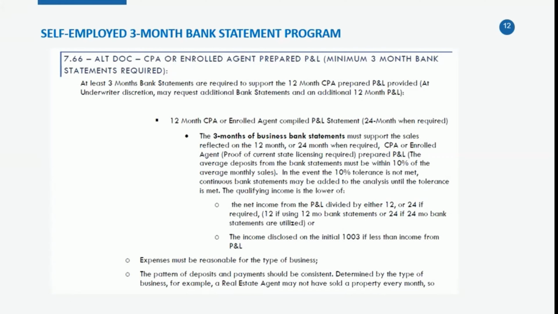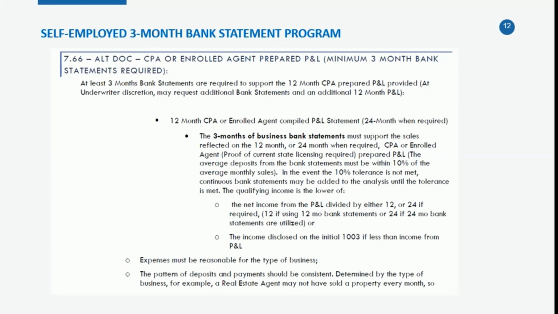This is where I wanted to make sure you guys understand this, because a 3-month bank statement program with the profit and loss can sometimes be very, very helpful, but sometimes it can be detrimental. I just want you guys to understand why it can be detrimental. During COVID, if you were a retail business, at certain points of time the smaller stores had to close down, right?